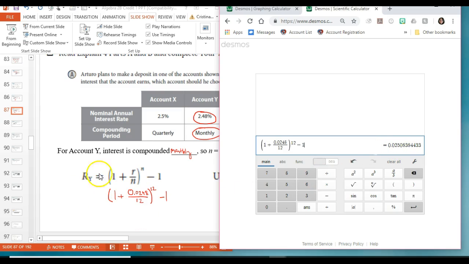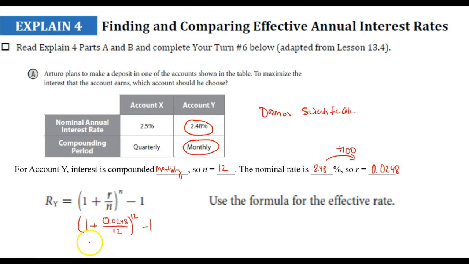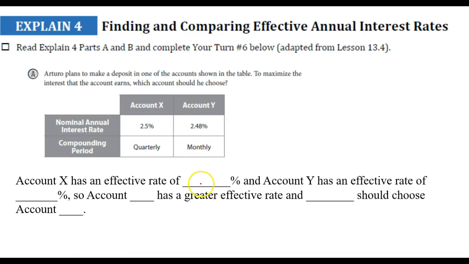Let's record that on our paper. That would be about 0.02508 for the effective rate for our Y account. Just like it shows here, X had a rate of 0.02523 and Y had a different amount.